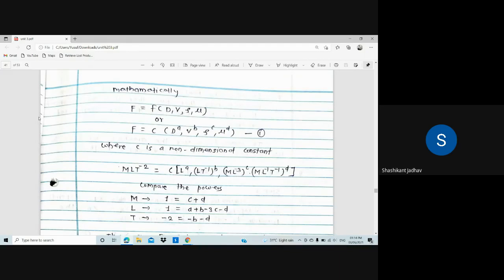Okay, so we have to write down that mathematical equation. Drag force is nothing but F. So F is a function of these four quantities.